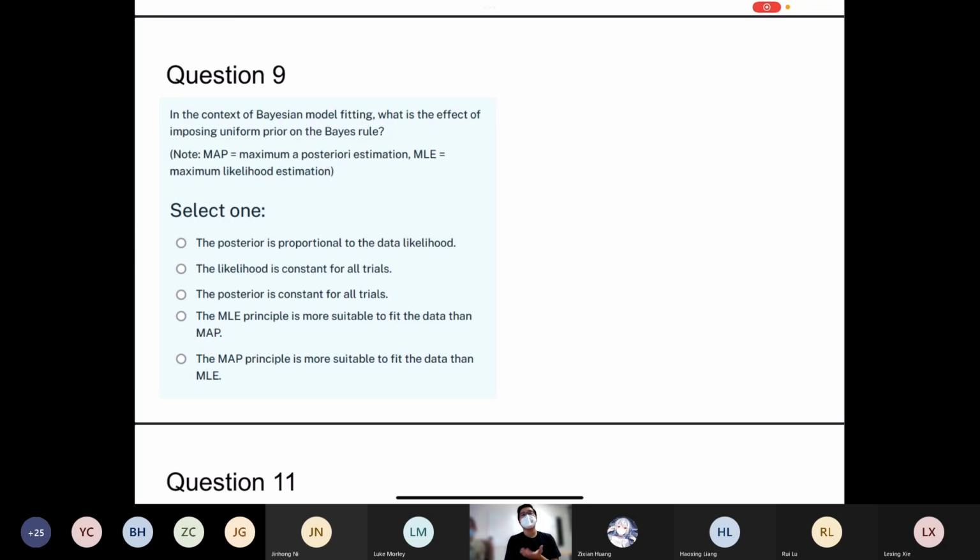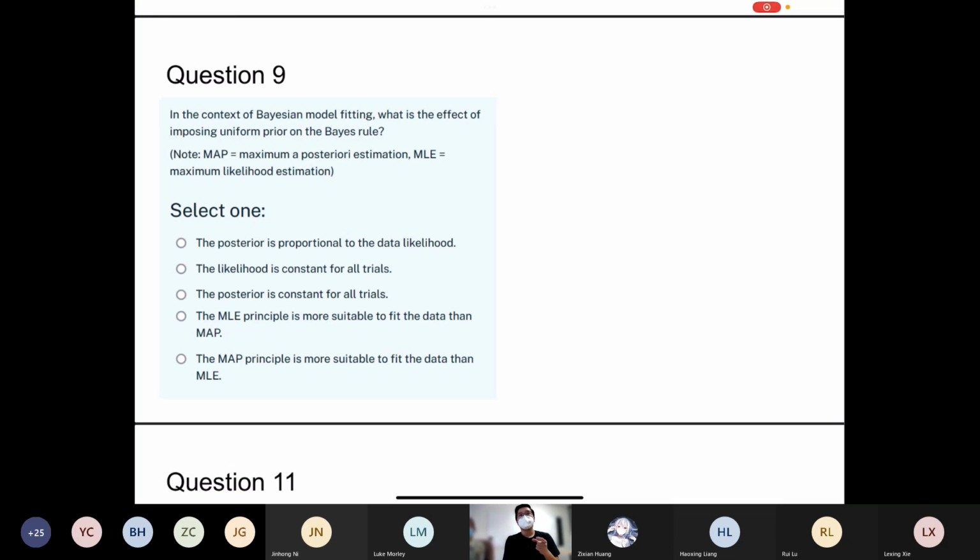So that is proportional to the posterior distribution. But the point of this question is that if you impose a uniform prior, that means the prior density is a constant number for all values of your parameters. And that means if you multiply that constant with your likelihood, it's just proportional to the likelihood. So if you maximize the posterior distribution versus maximizing the data likelihood, they are exactly the same.